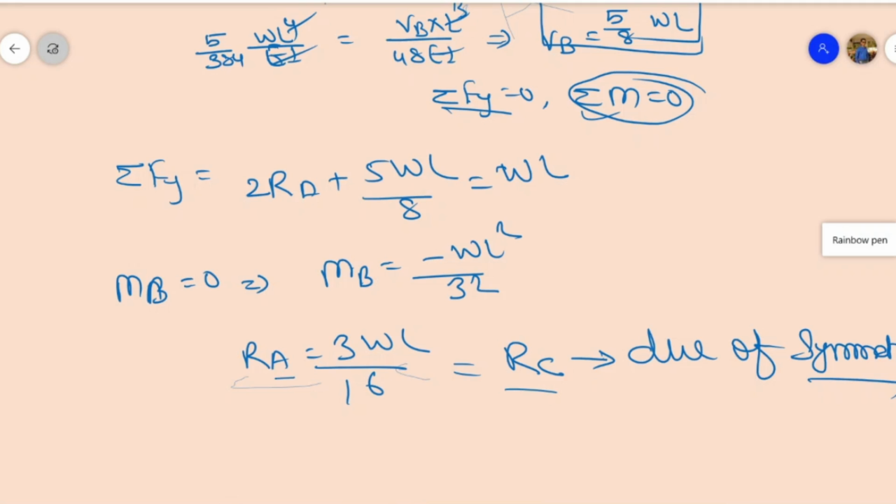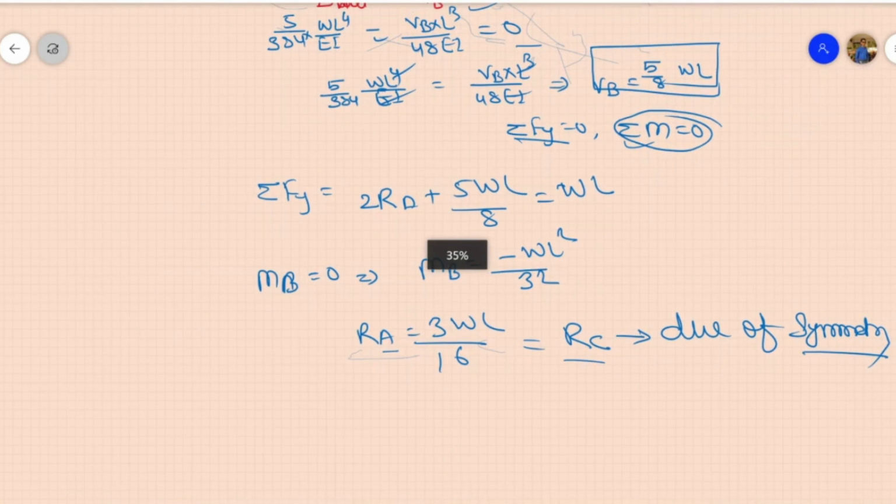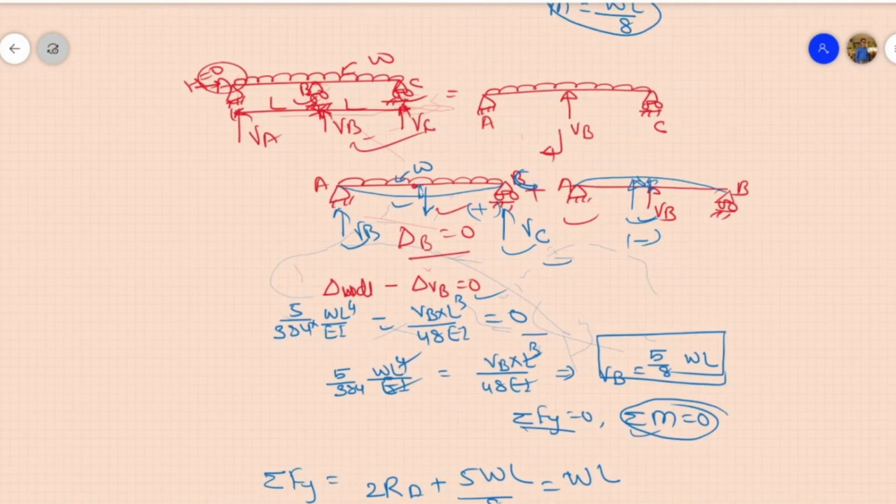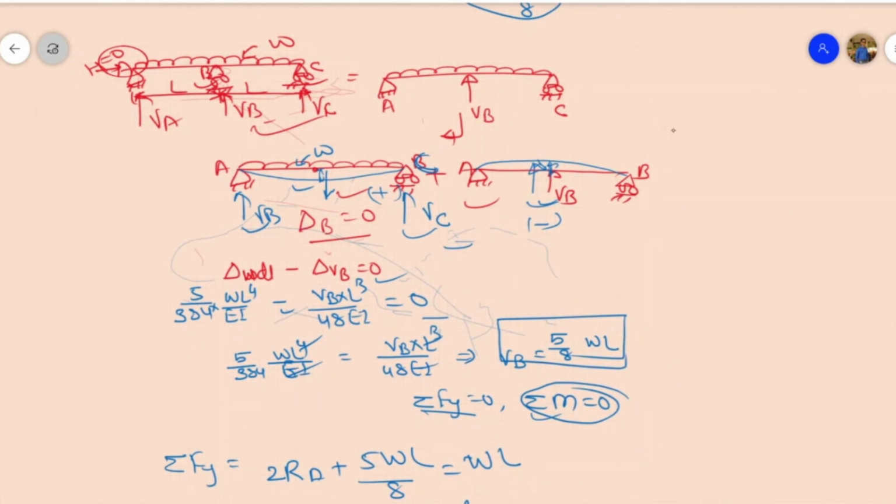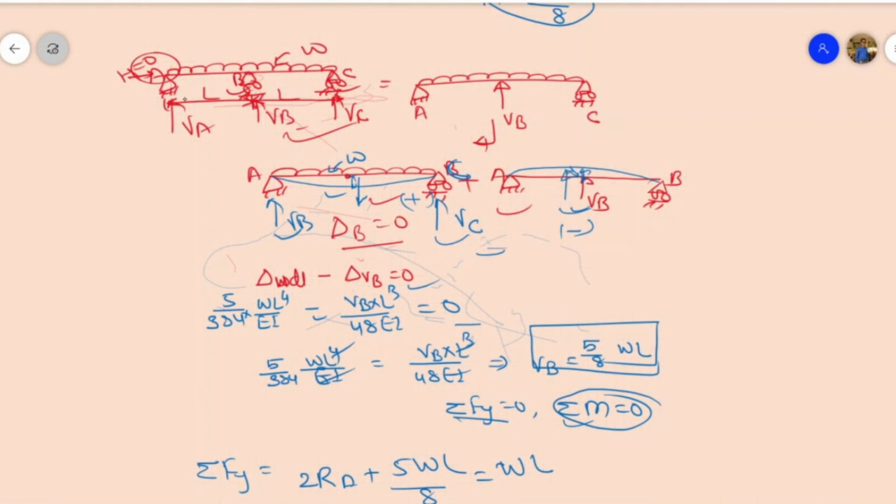So I am showing all the things here once, what we have done. We have taken one beam, a continuous beam of two spans.